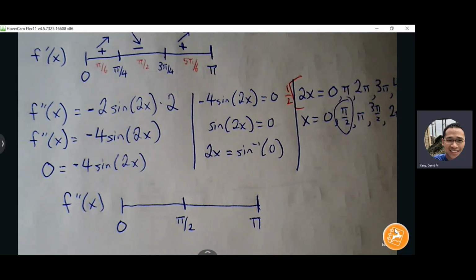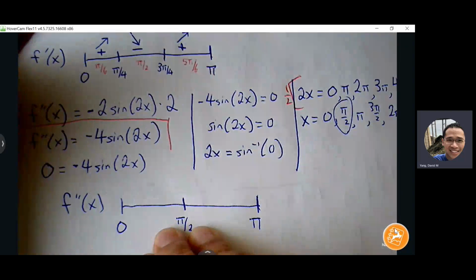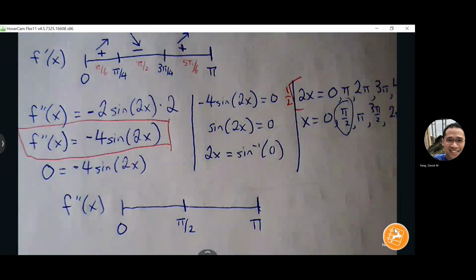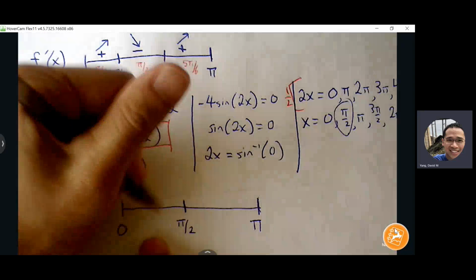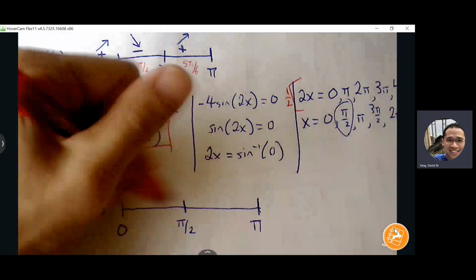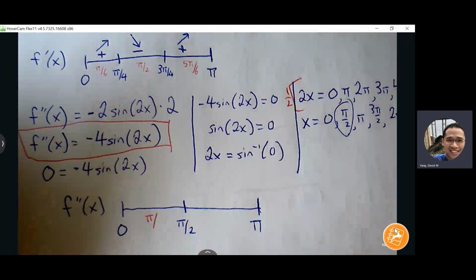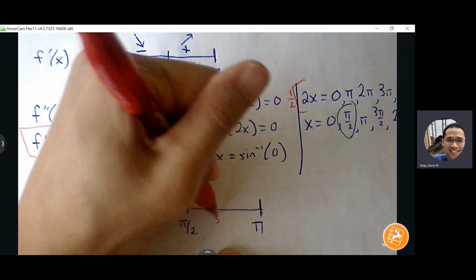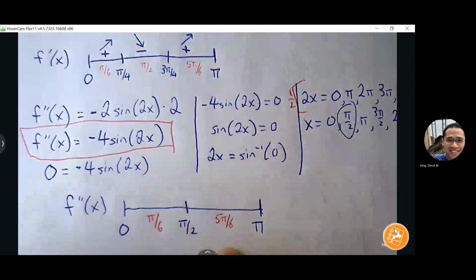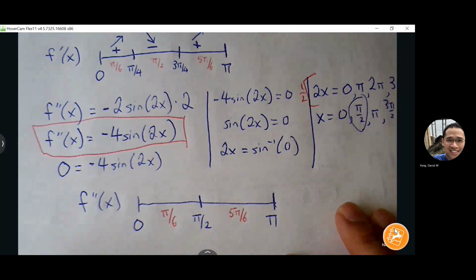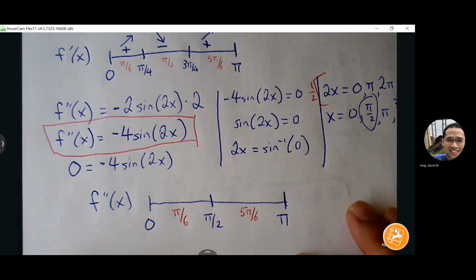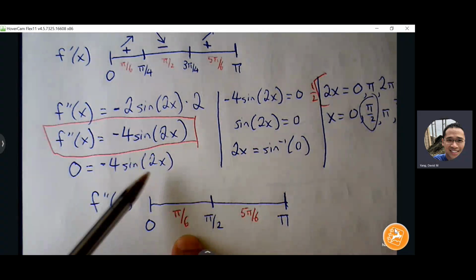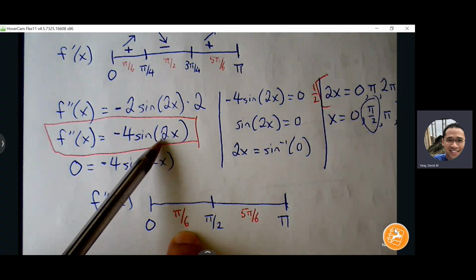We're testing this against our second derivative function. Okay. Something nice and easy between 0 and pi over 2. I'll choose pi over 6. Here I'll choose 5 pi over 6. Okay, so pi over 6 in for sine here.